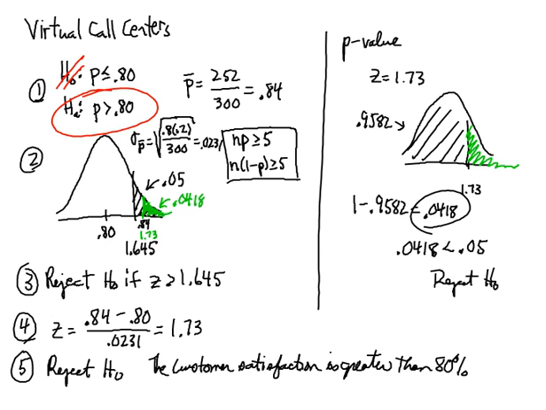Or I could run this with a p-value. The area above the test statistic 1.73 is 0.0418, and that's less than 0.05. And since that's true, the 0.84 again is to the right of the line, far enough away from the 0.8 to get the rejection. Now, a couple other things here.